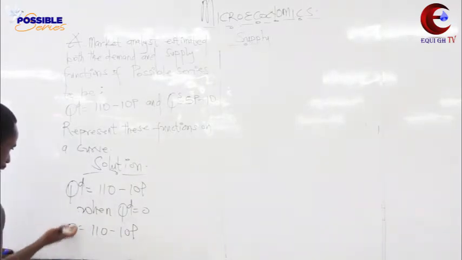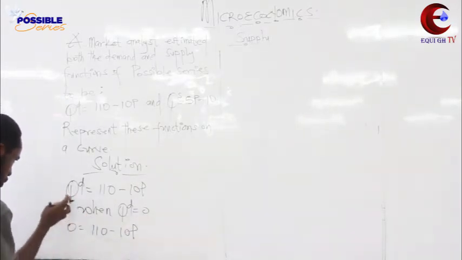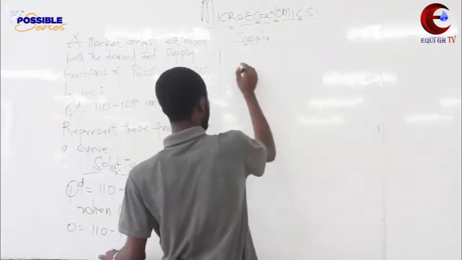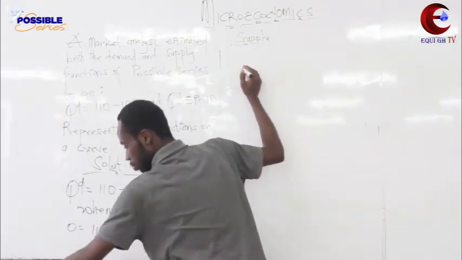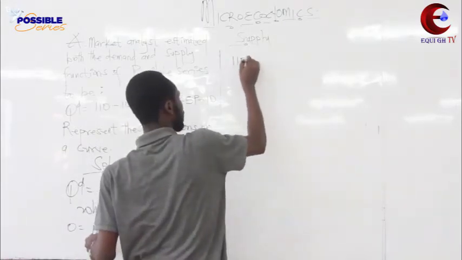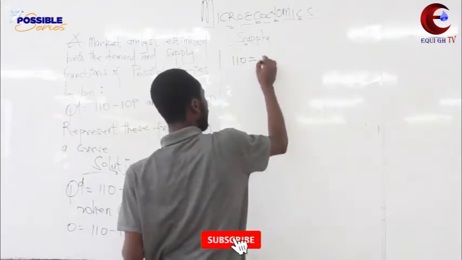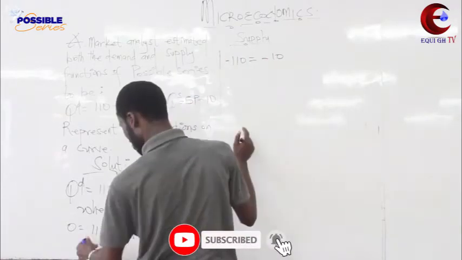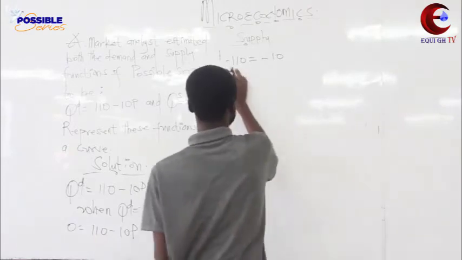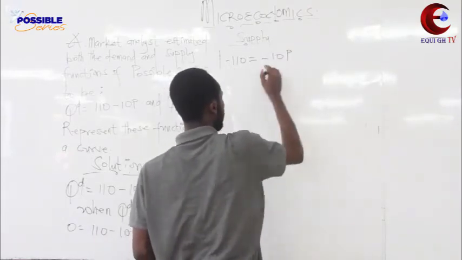I hope you can see that. QD equal to 0, 0 equal to 110 minus 10p, right? So we change the subject or group like terms. We are going to get minus 110 equal to minus 10p. So minus 110 equal to minus 10p.